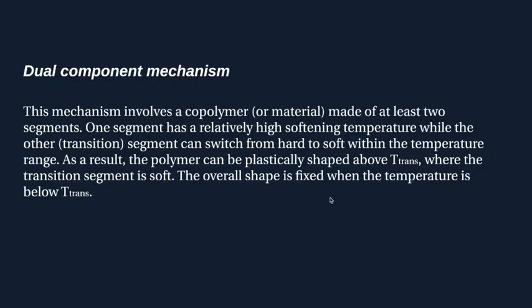The overall shape is fixed when the temperature is below the transition point. So when above the transition point, you can plastically shape it, because in this part above the transition point, the transition segment is soft.